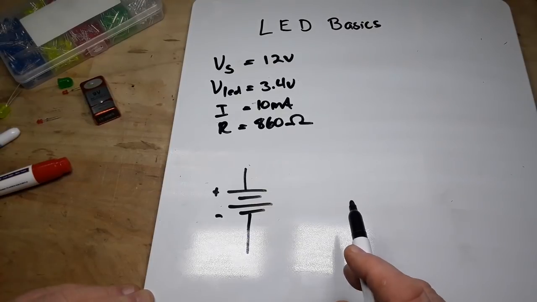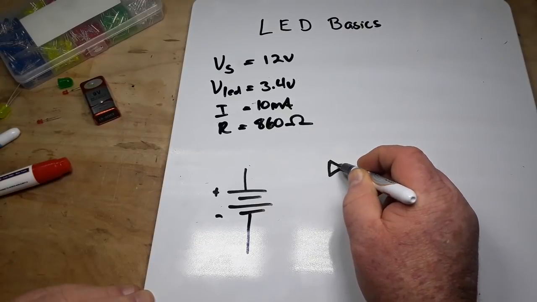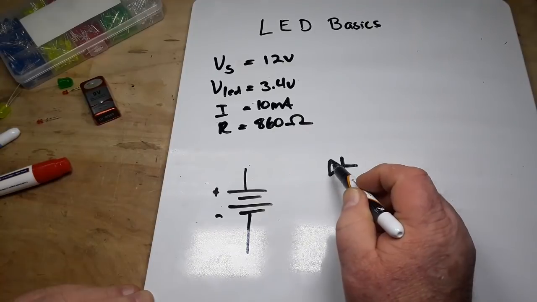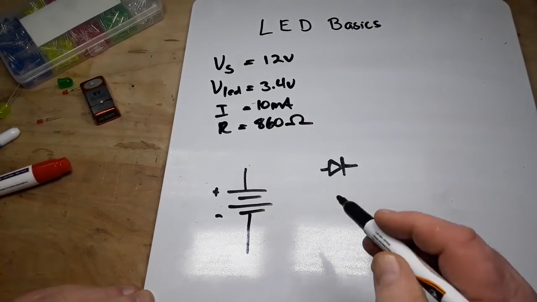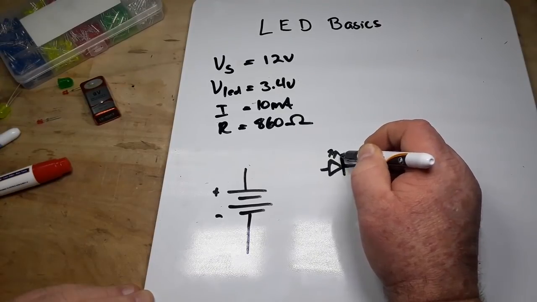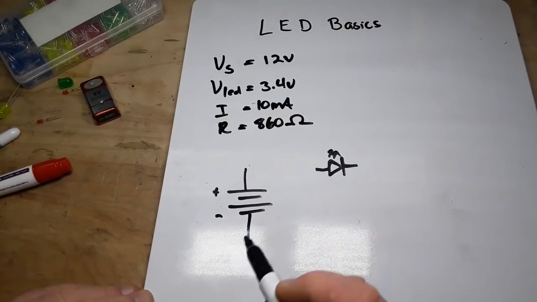So there's our positive side, there's our negative side. Now let's draw in our LED, which, remember I showed you the diode symbol. It is a triangle with a wall at the end of it. But to show that it's a diode, you simply put a couple arrows showing light emitting from it. So now we know that it is an LED.